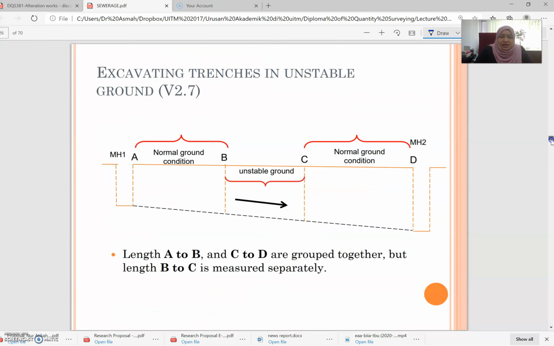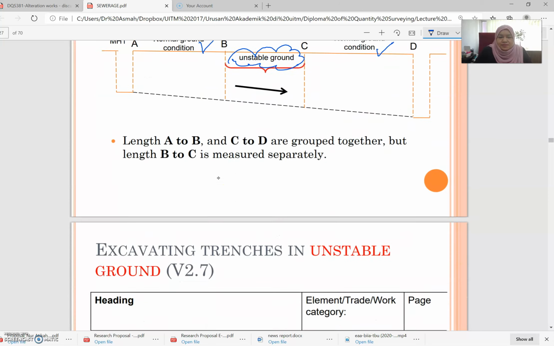Unstable ground. Unlike excavation underwater, for unstable ground it has to be separated. So if you have unstable ground between A to D, you have to separate that description and your quantity. This one will be a normal description, but this one you need to take off and put under a new heading, which is the unstable ground excavation.